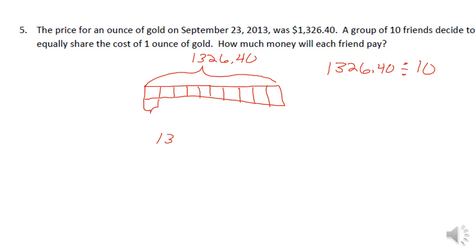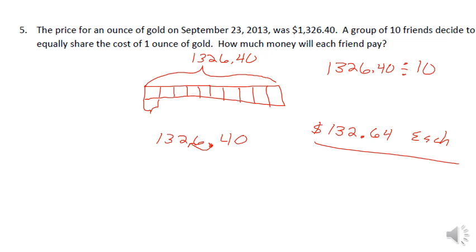First thing, for dividing by 10, we know it's going to get smaller because I'm dividing by a whole number, and I'm shifting the decimal point one position to the left. So we can see that 10 people would get $132.64 each. Now that's by understanding the place value system and dividing by 10.